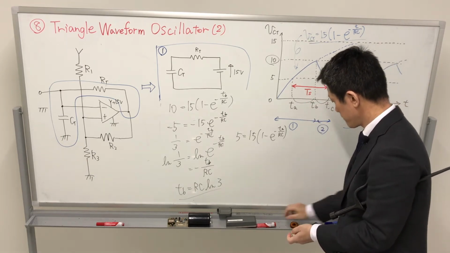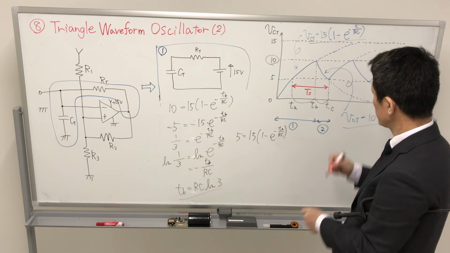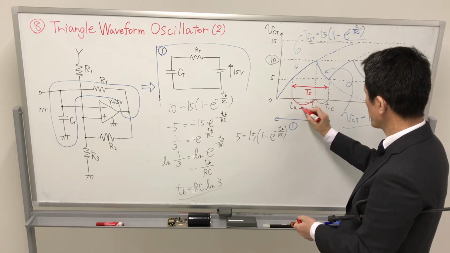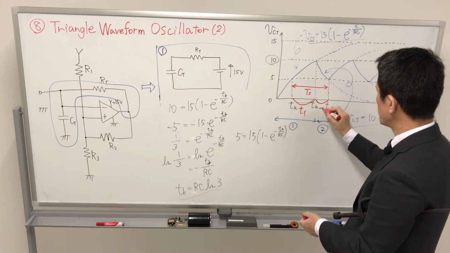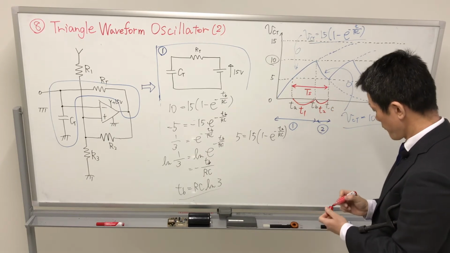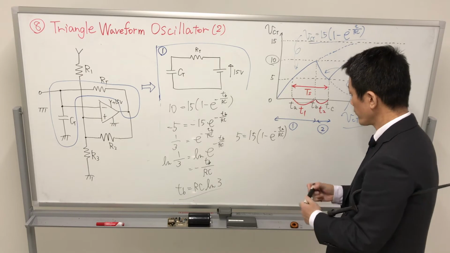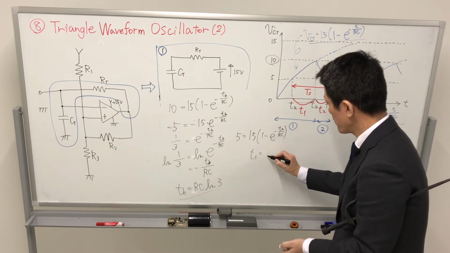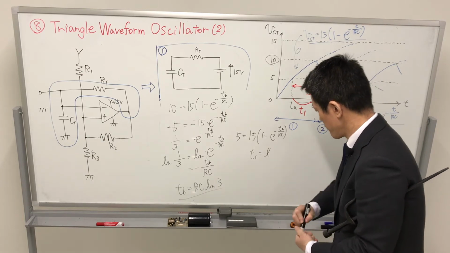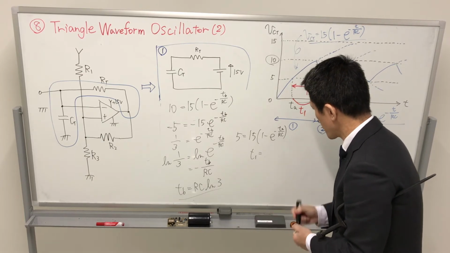Let's call this T1 and this T2. You can obtain that.